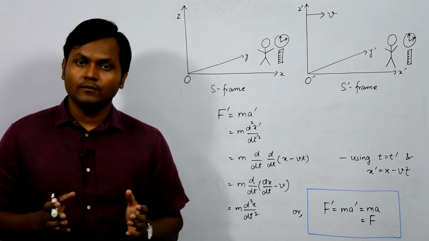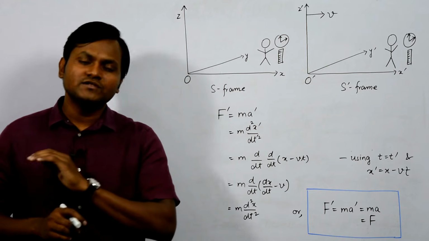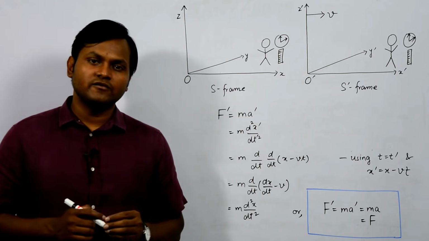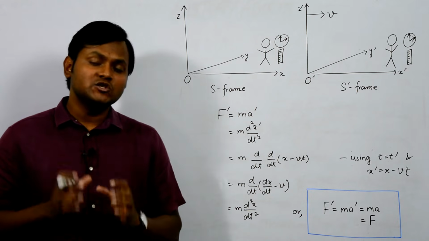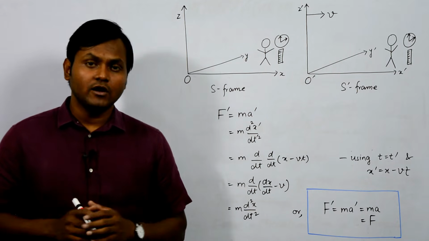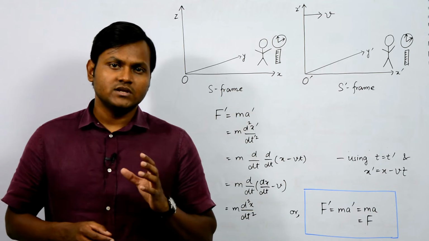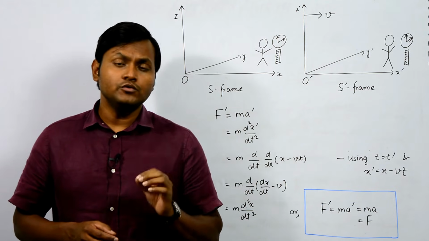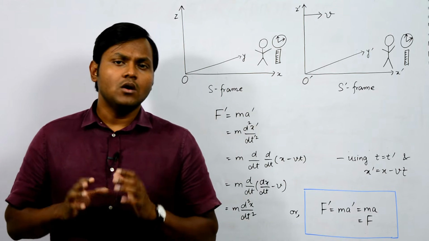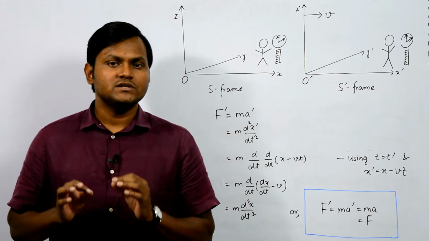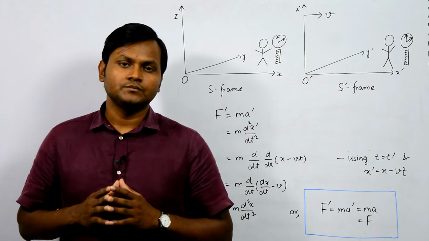This is a good thing because observers across an infinite number of inertial frames of reference can use this universal law to explain mechanical behavior. It also suggests that there is no absolute frame of reference. As far as Newton's laws are concerned, all inertial frames of reference are equivalent in nature.